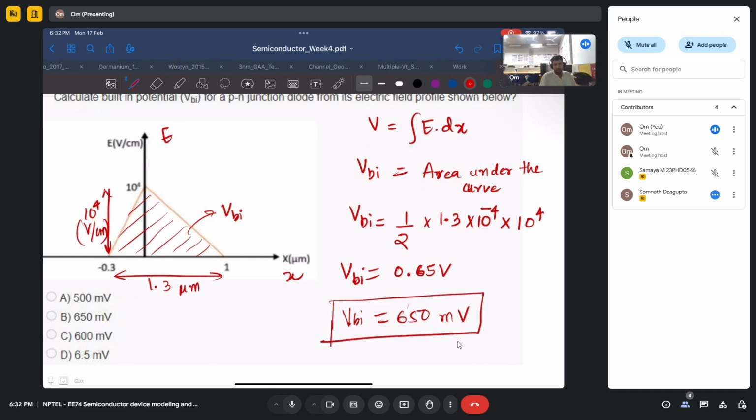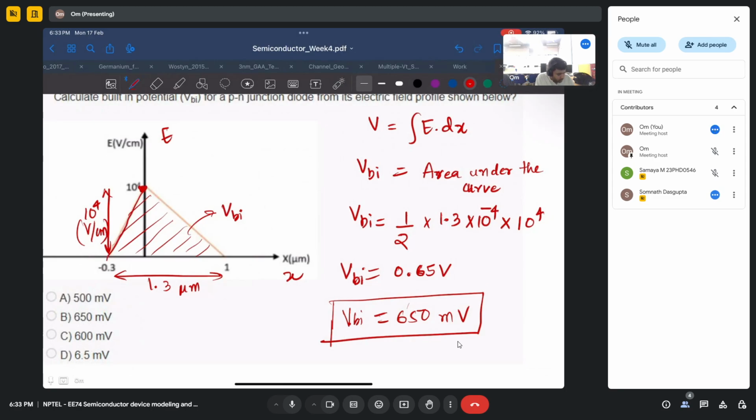Now, this is definitely the easier way, but the question could be, if you are given this electric field profile, can you find Na and Nd? That is also a good question, and yes, we can find that.